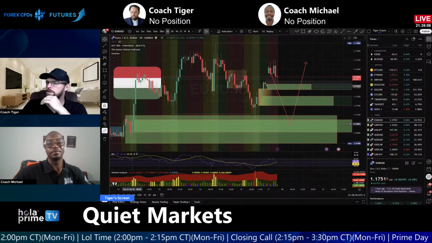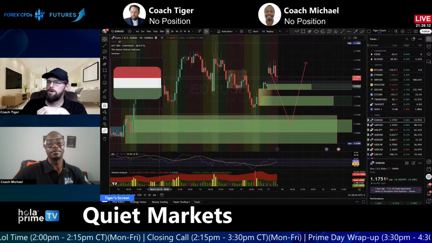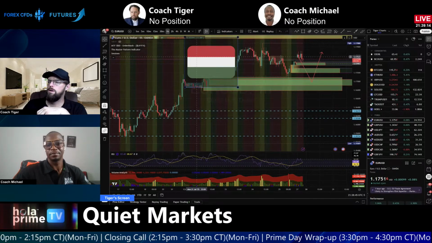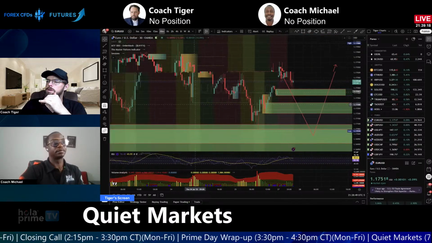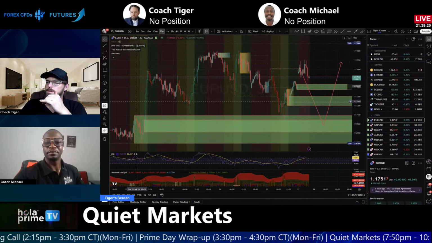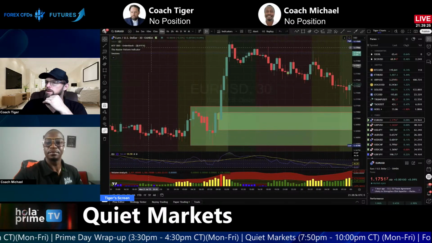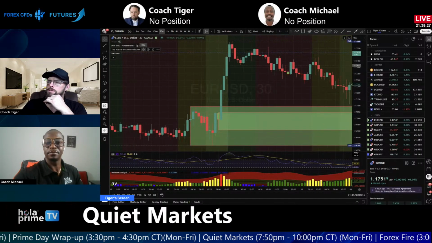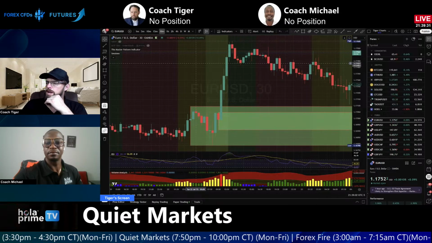But I'm already in this trade, because I bought off of this zone over here on Friday. On what did I buy that? The 30-minute. That's essentially why I bought this market. The 30-minute candle looks green because of my order block tool. If I turn that off, as always, you can see it's a red candle.